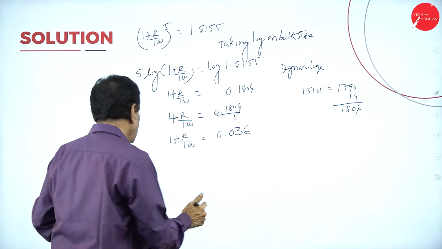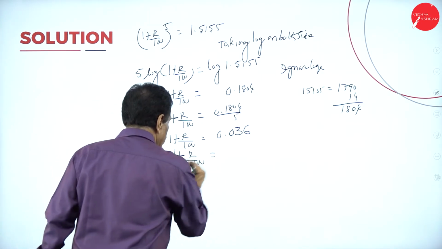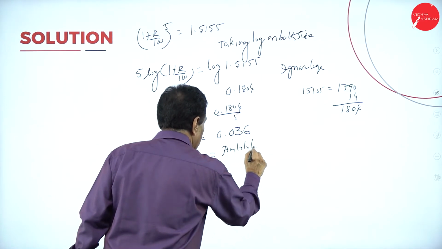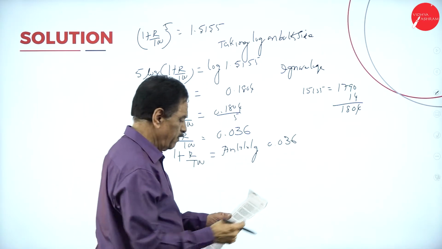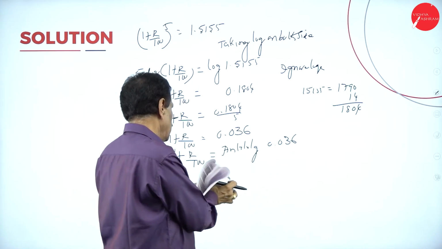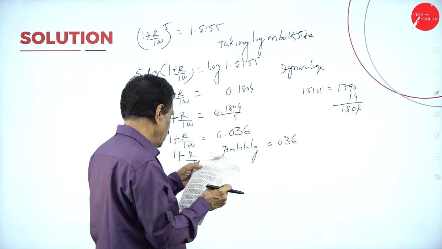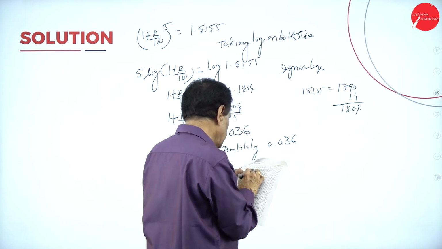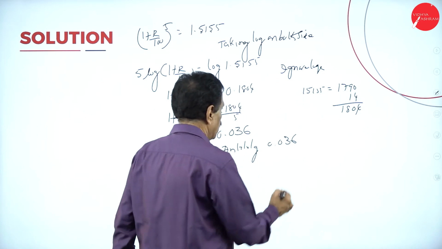So the anti-logarithm of 0.036 gives 1086.